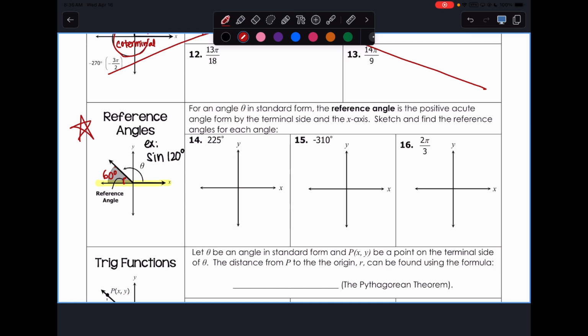Okay, so we're going to graph 225. Do you want to use your protractor, or do you want to just eyeball it? Eyeball it. Okay, 180, and then some more, right? Not quite 270. 90, 180, 270, right? It's not at 270, it's before then. How much more?